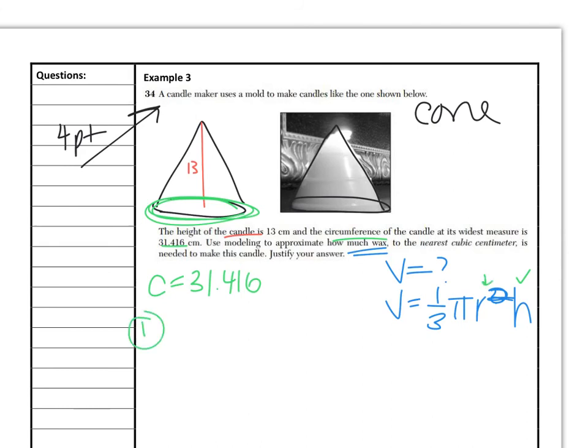So the first step is to use our circumference to help us find the radius, because the perimeter of a circle, the circumference, is related to the radius. C equals 2 pi r, again, that's from your reference sheet. If you want to write that on your reference sheet, then that's maybe going to be helpful to you.